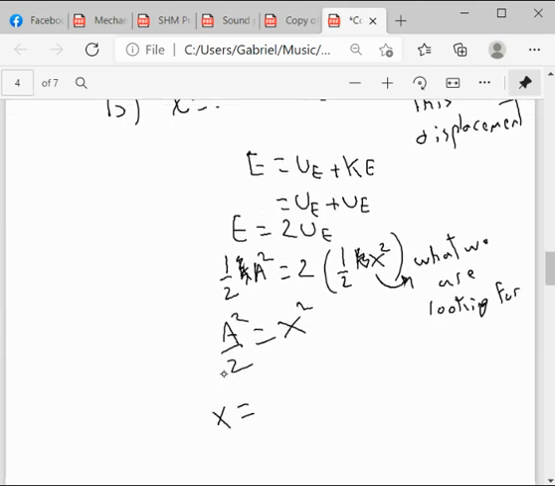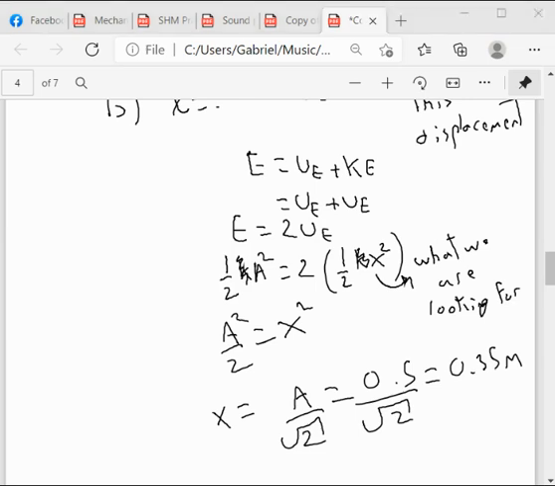So basically, you're calculating a over square root of 2, which is 0.5 over square root of 2. In your calculator, that should get you a displacement of about 0.35 meters.